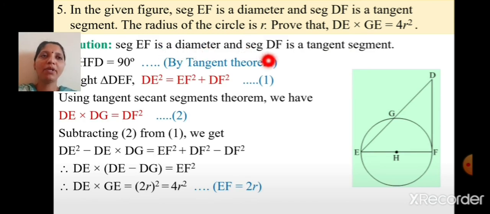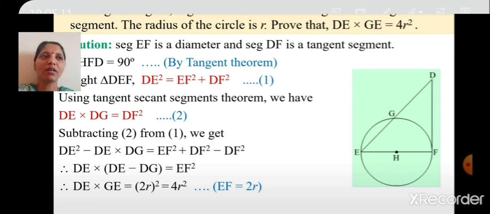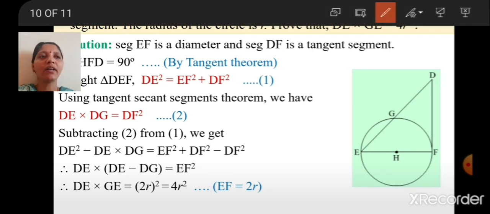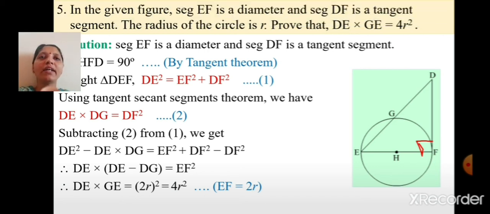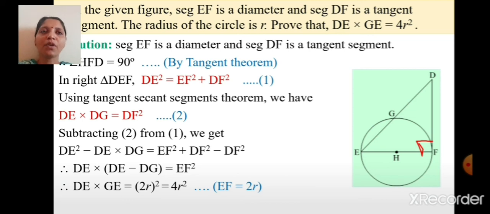EF is a diameter and DF is a tangent segment, and we know that a tangent at any point on the circle is perpendicular to the radius at the point of contact. So you can write here angle HFD is equal to 90 degrees by the tangent theorem. Now you will get here a right angle triangle.